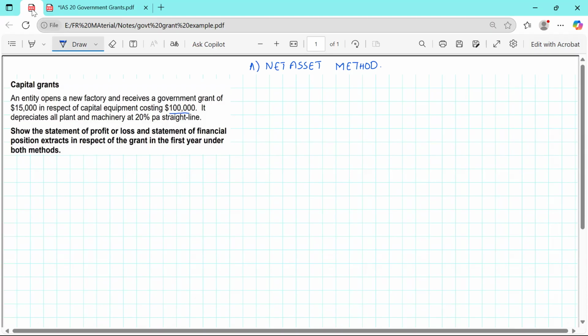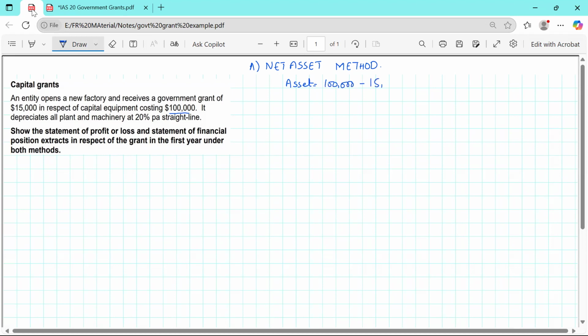Okay. So initially, at what value will you record the asset? The value of the asset is going to be cost less grant. So the asset value initially is going to be 100,000 minus 15,000.